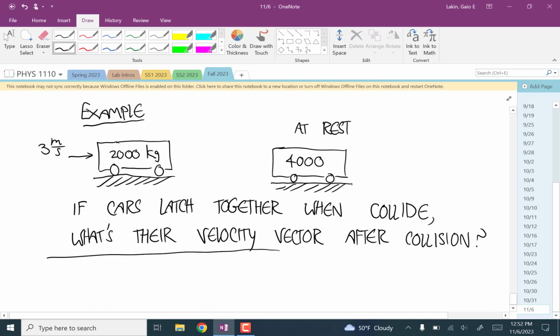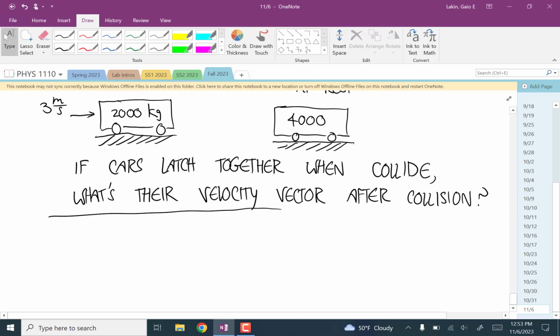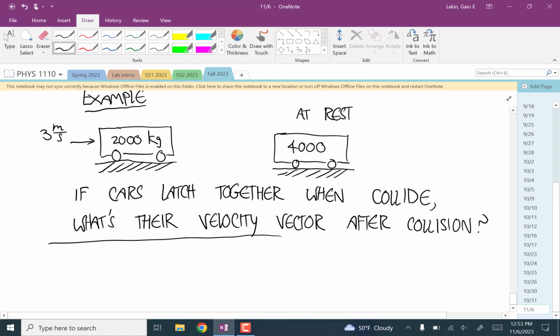This fact that I gave you that they latch together when they collide gives you that extra bit of information about the type of collision that's going to let us calculate this. We'll start by coming up with the total momentum before the collision. First think, is there any external net force on this system? Is anything applying a net force to these besides the collision with each other?